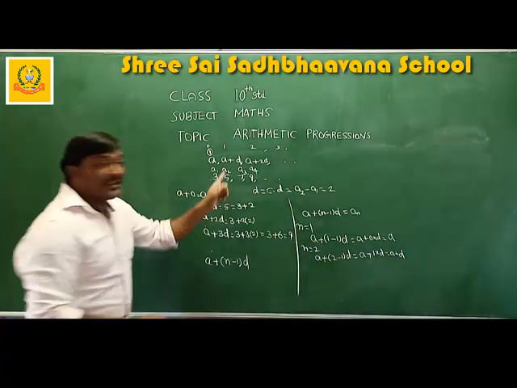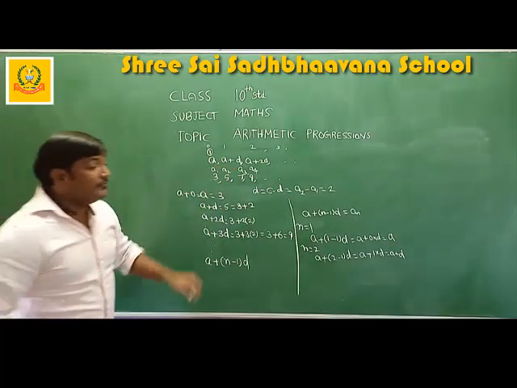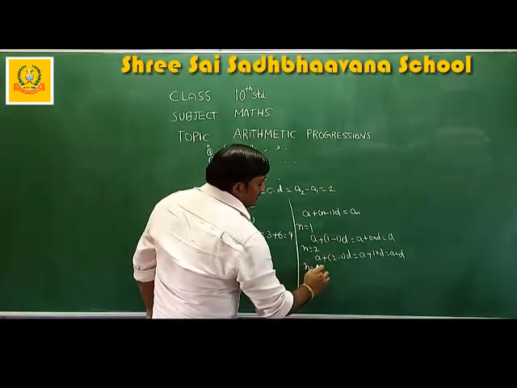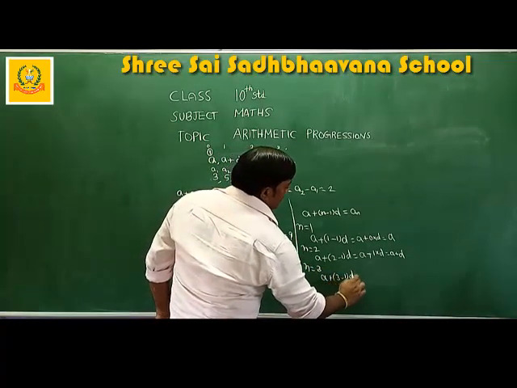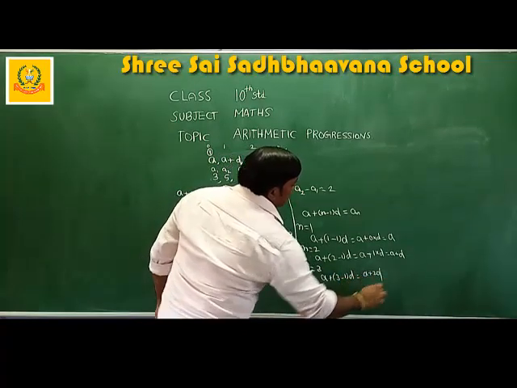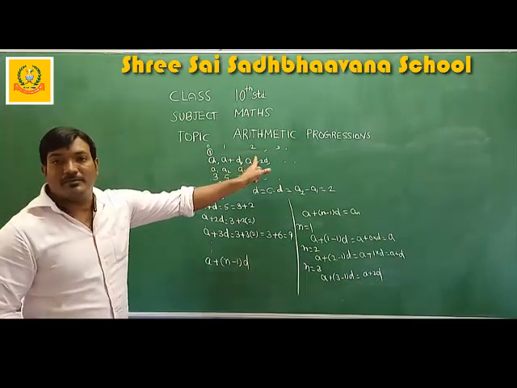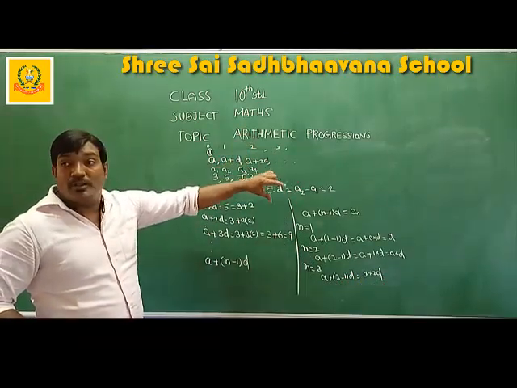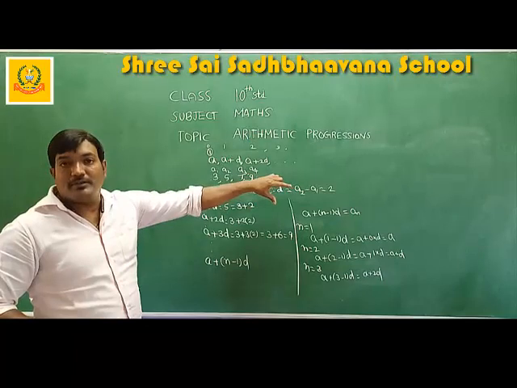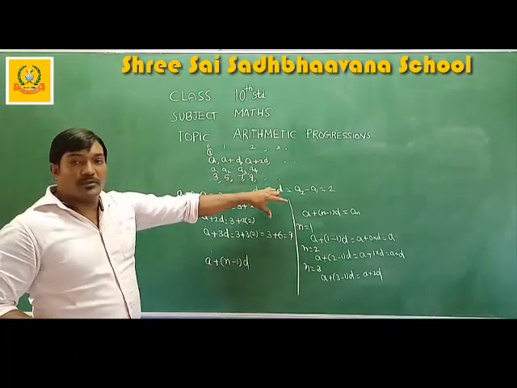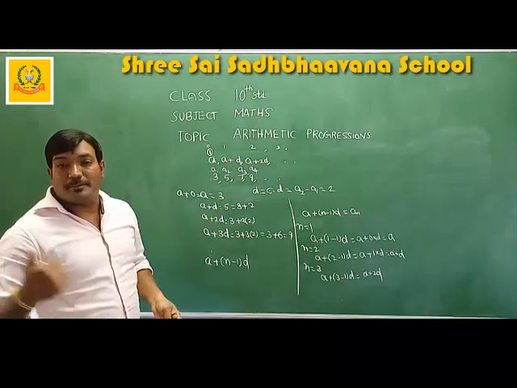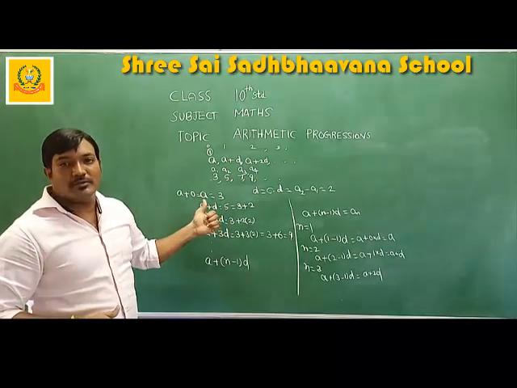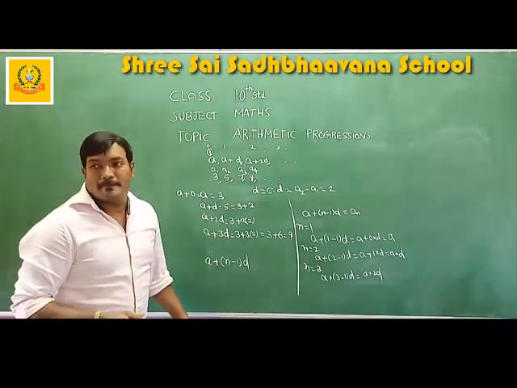So we got the second term. And if I consider n is equal to 3, a plus 3 minus 1 into d, which is a plus 2d. So we got the third term. So this is how you have to write the general term of the arithmetic progression. Okay, we will do some sums regarding this so that you can understand better.